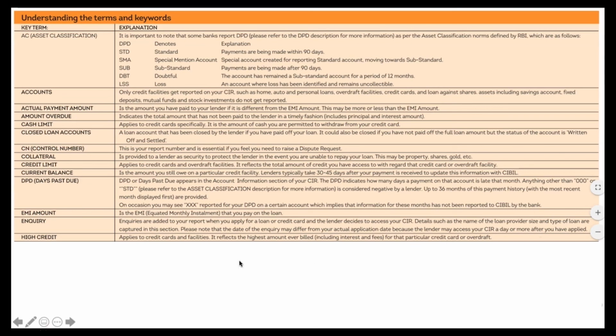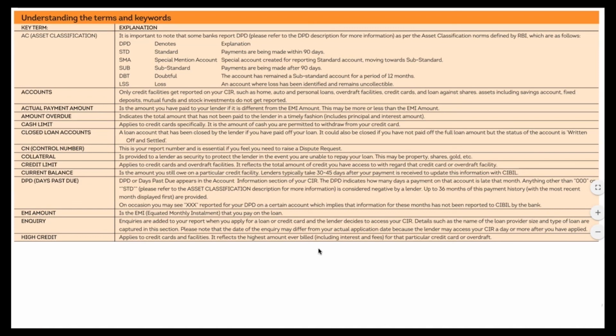Then sometimes you'll also find a mention called high credit. This applies to credit cards and facilities, and this reflects the highest amount ever billed for that particular credit or overdraft. So let's say it is sanctioned as an overdraft facility, a limit of 5 lakh, and on an average you use like 3 lakh, and at one particular point of time you touched up to 4 lakh 90,000.